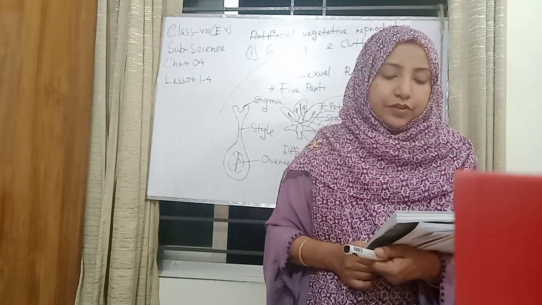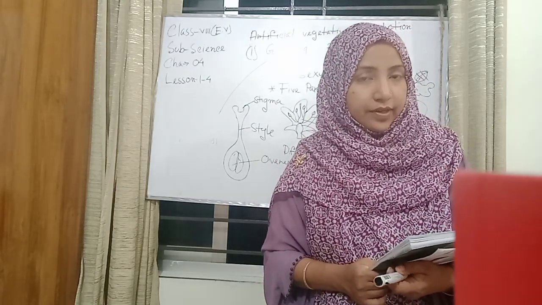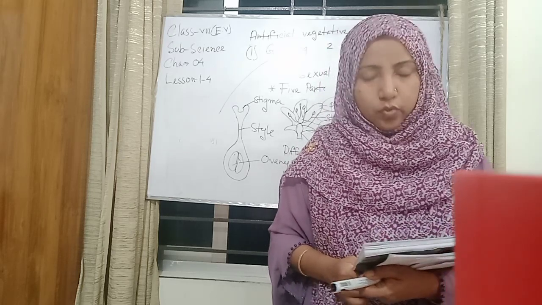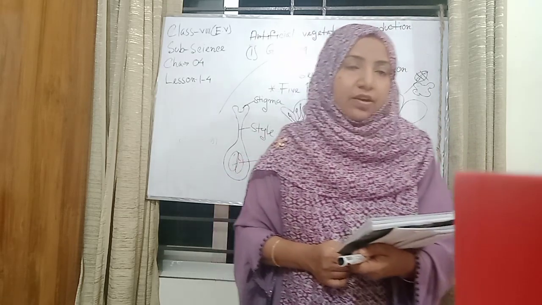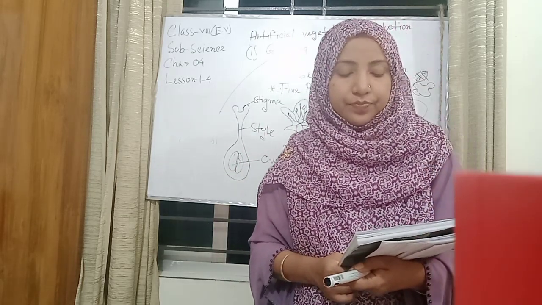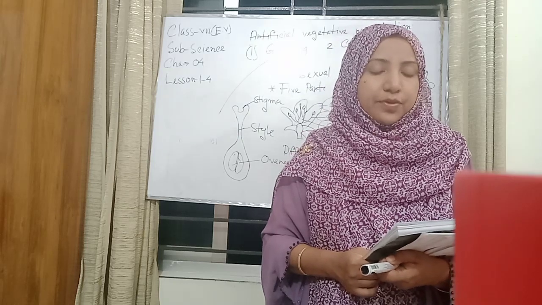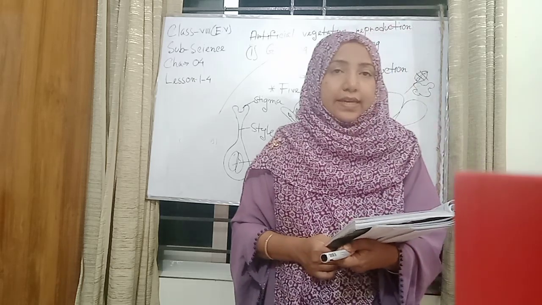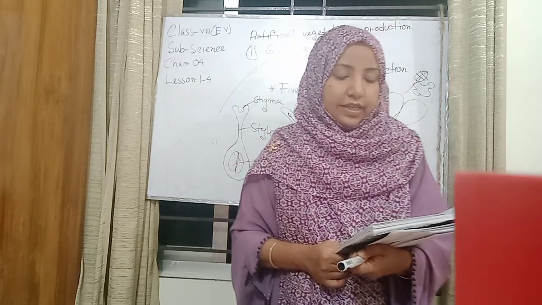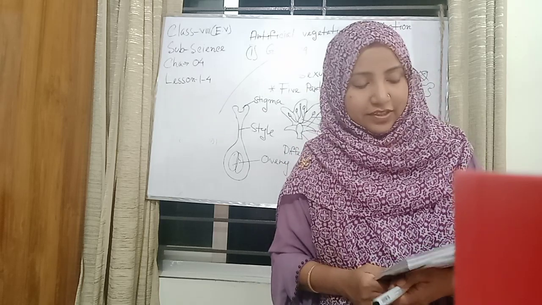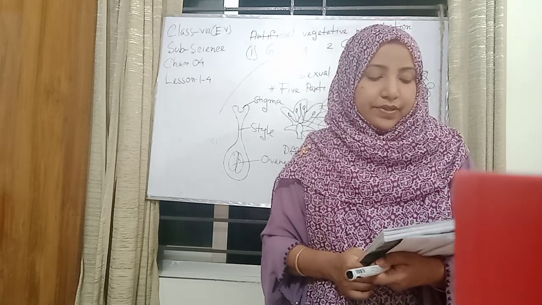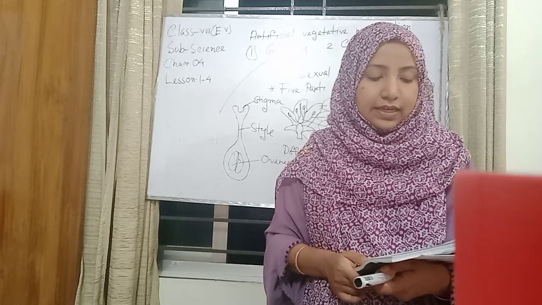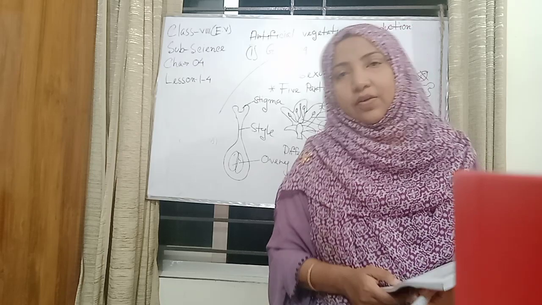The gynoecium is typically made up of an ovary, style and stigma at the center of the flower. One or more ovules are arranged inside the ovary. Within the ovule, the female reproductive cell, the ovum, is produced. This ovum, like the androecium, is directly involved in the process of reproduction. Sepals and petals are known as the accessory whorls. The stamens and carpels are known as the essential whorls of a flower.